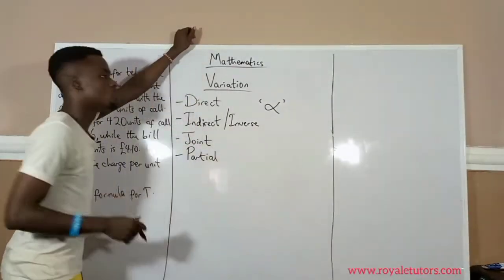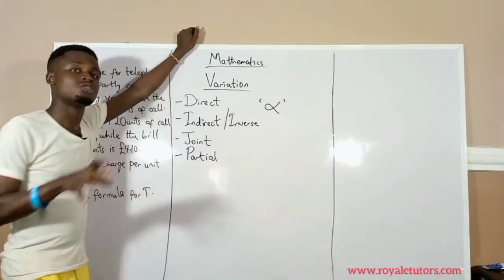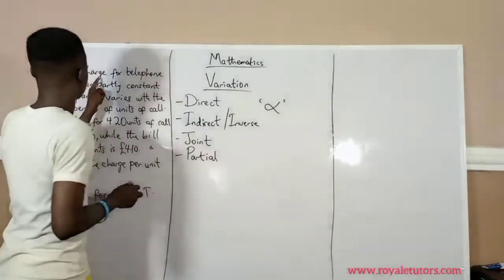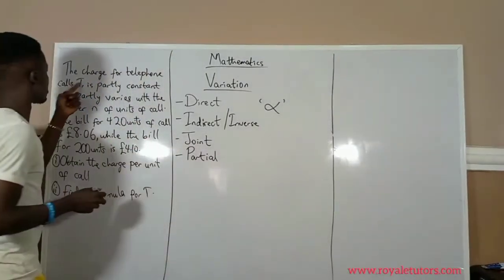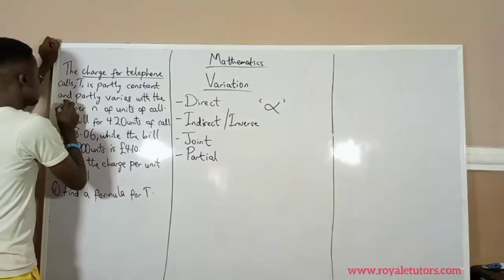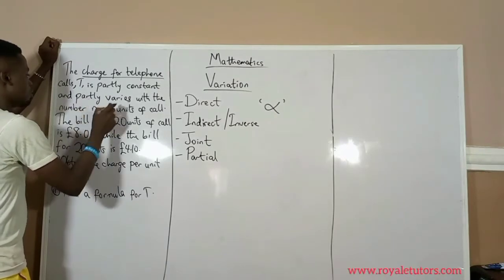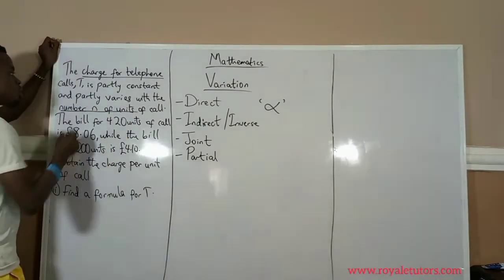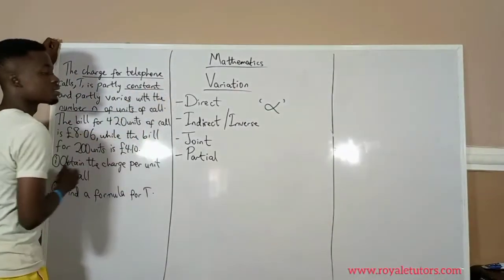But in partial variation, we change it to equal to directly by introducing the constant from the beginning of the question. So there are different things they are considering. They are considering the charge for telephone, which is T, the number of units, which is n, and also a constant.